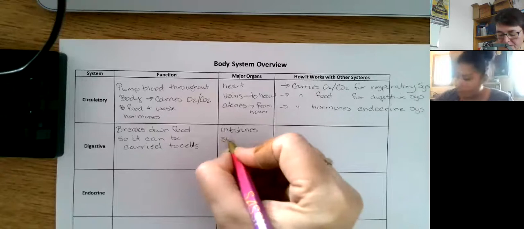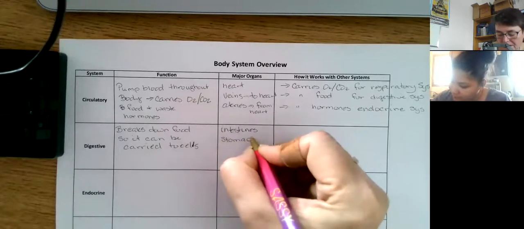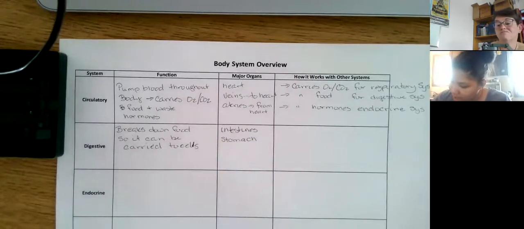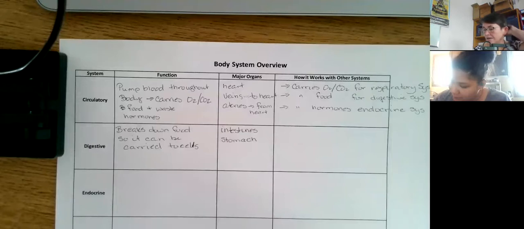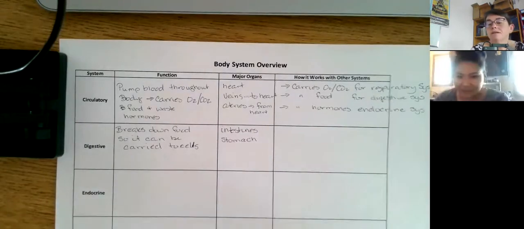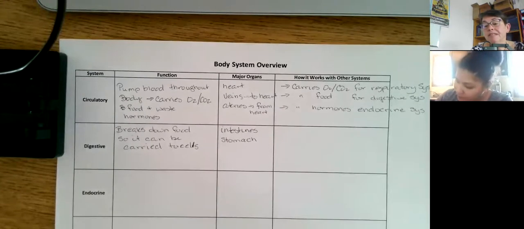The stomach would be another one. That's good enough. With your intestines, you should know that your food is absorbed in the small intestine, and in the large intestine, your body takes the liquid back out and solidifies it and makes it into poop so that you don't have diarrhea.